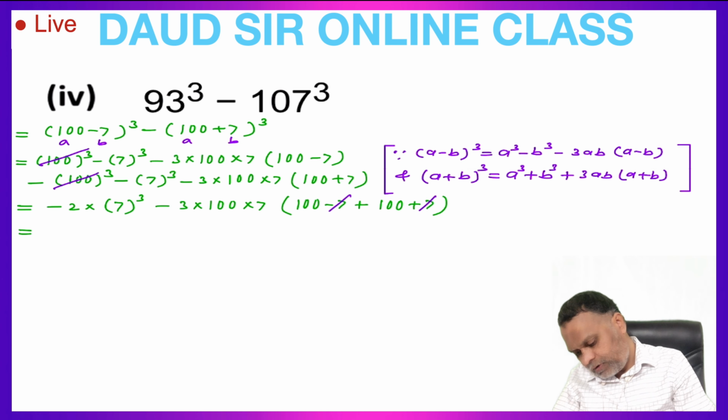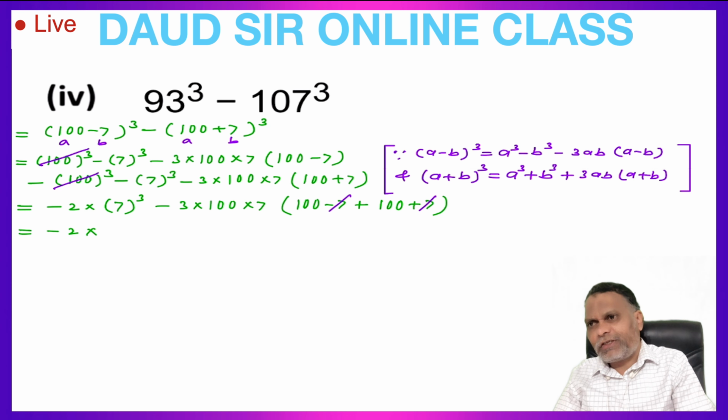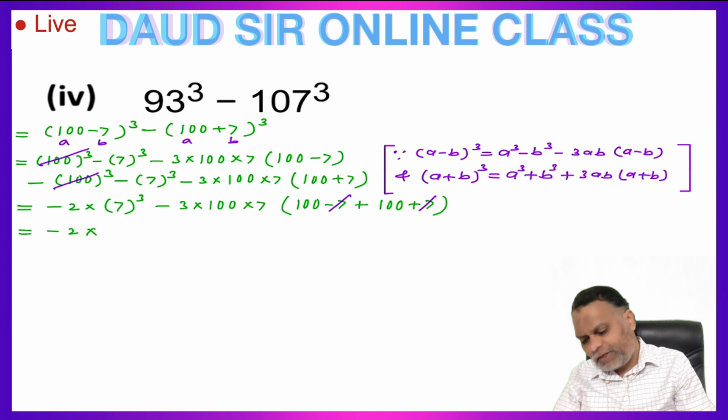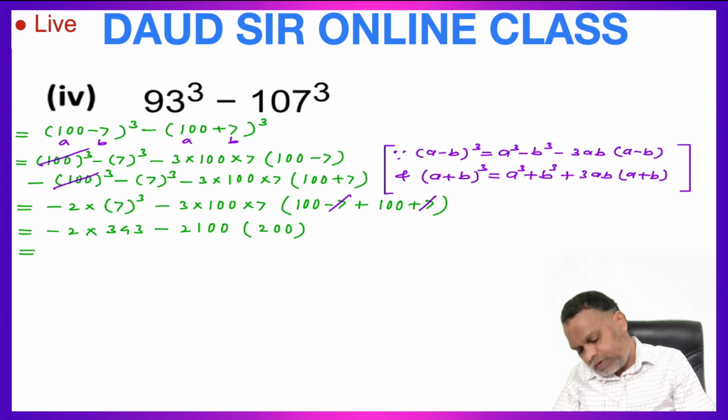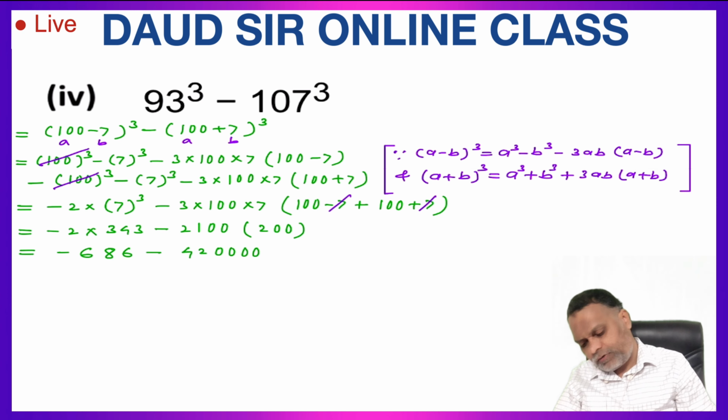which is equal to minus 2 into 7 cube: 7 7s are 49 into 7, 343, 343 minus 3 7s are 21 into 100, 2100, 100 plus 100 200, so 3 2s are 6, 2 4s are 8, 2 3s are 6, minus 686 minus 21 2s are 42, 2 or 2 40, which is equal to, both are negative, add them and put minus.